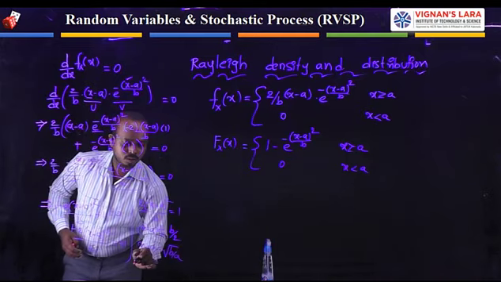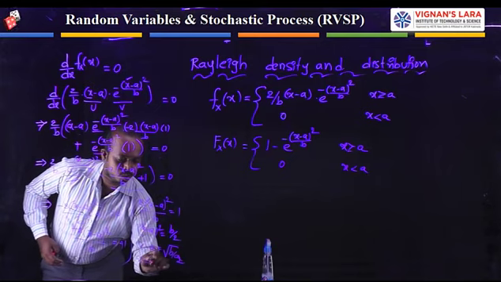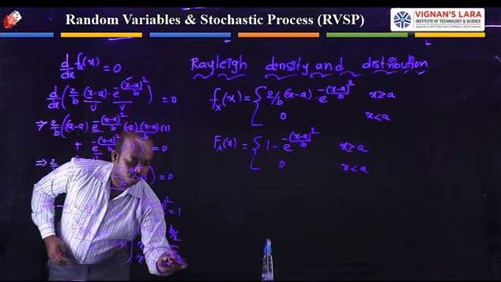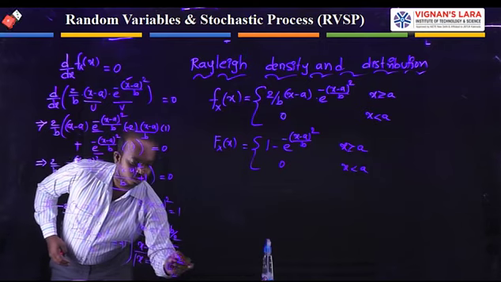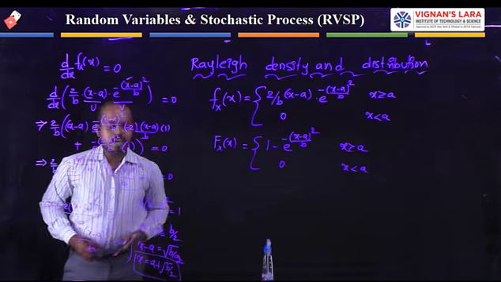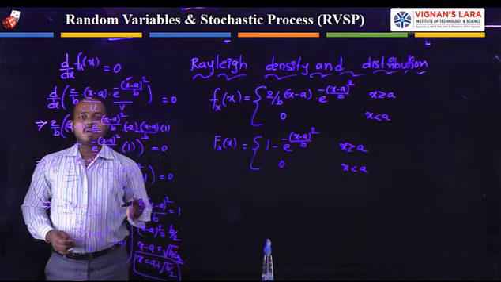From this, x is equal to a plus square root of b by 2. At x equal to a plus square root of b by 2, we get the maximum value.